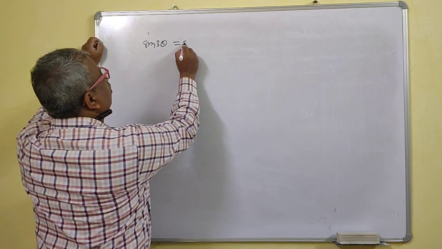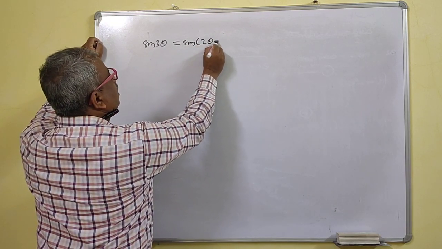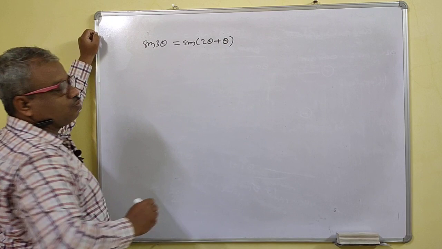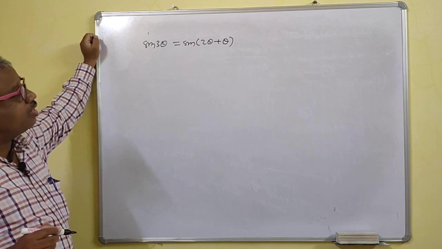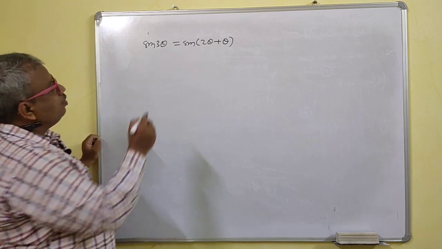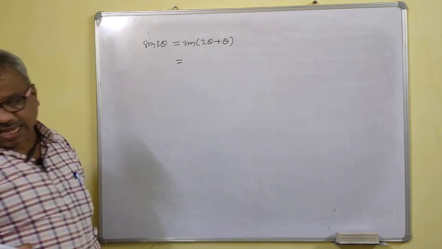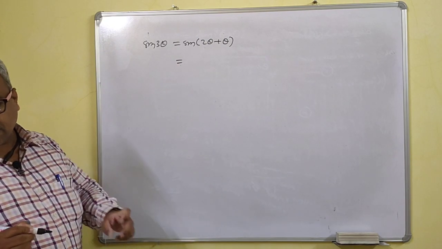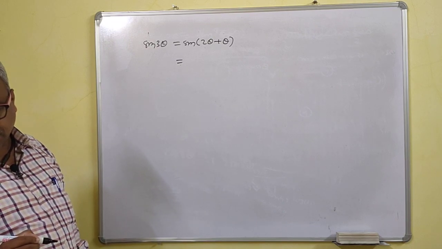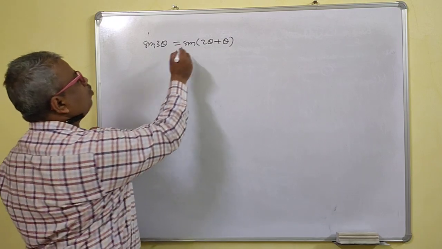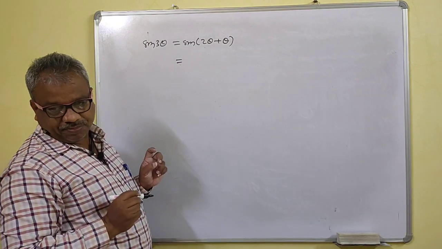I can write sin of 2 theta plus theta, or theta plus 2 theta. Now apply the formula for sin A plus B. Note that you have the formula for sin 2 theta and cos 2 theta. We'll apply that later on. So first we'll apply sin A plus B.